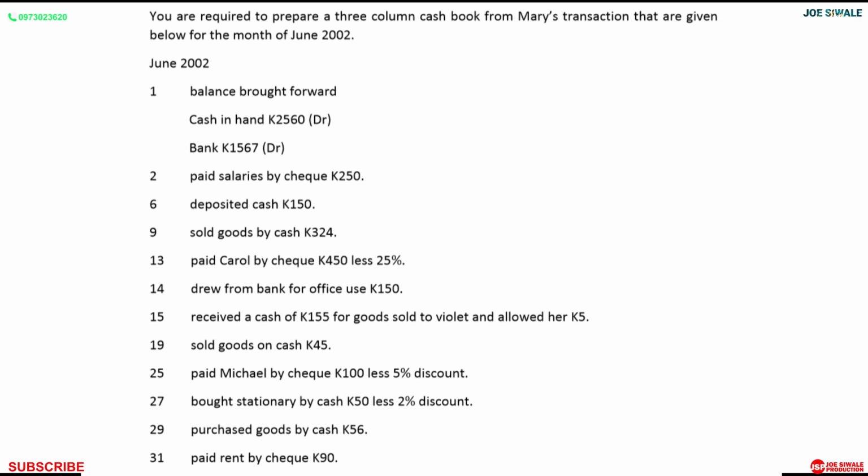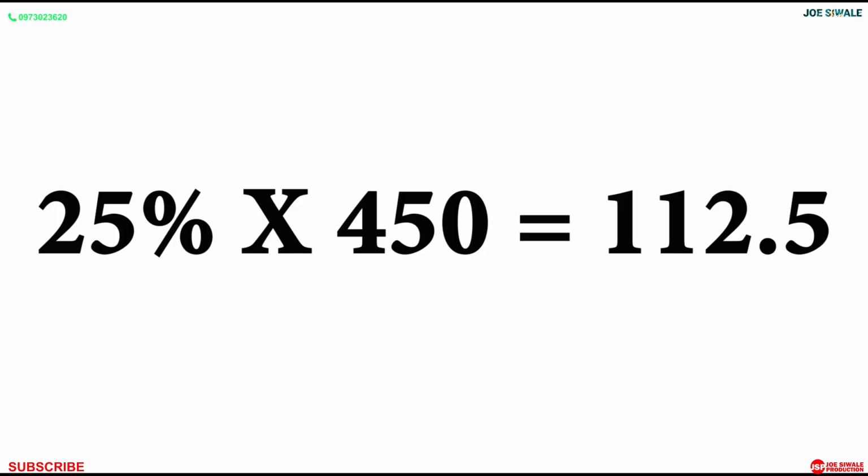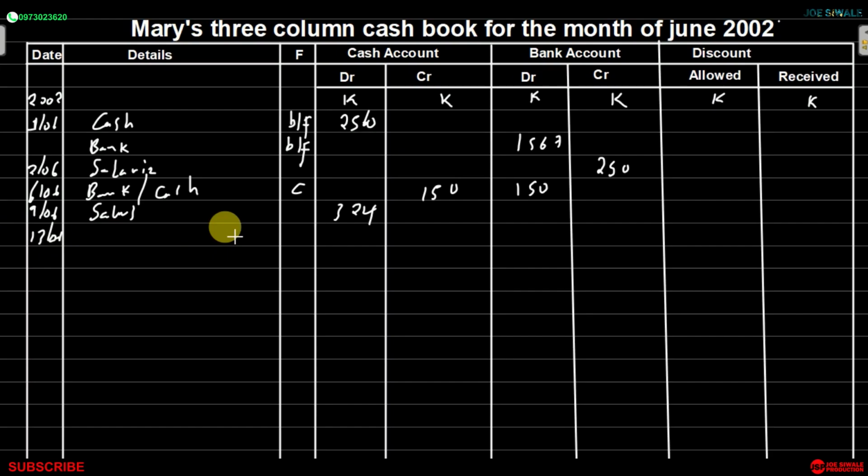And since we paid Carol, that means that we received some discount. The first thing that we're going to do is to calculate the amount of discount that we received. So we're going to say 25% of 450, and the answer is 112.5. That one we're going to record in discount received.